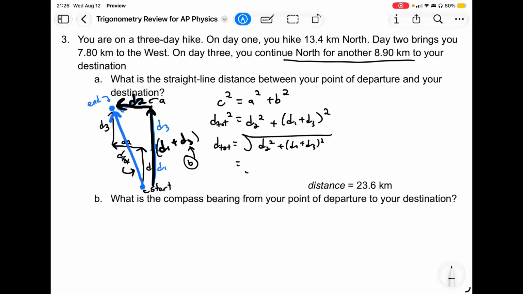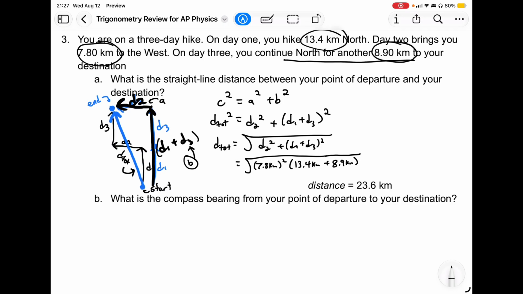So let's plug some numbers in here. We'll take d2. The distance on day 2 was 7.8 kilometers, and it has to be squared. And then our distance for day 1 was 13.4 kilometers. So we'll plug that in for D1, 13.4 kilometers, plus our distance on day 3, which was 8.9 kilometers.